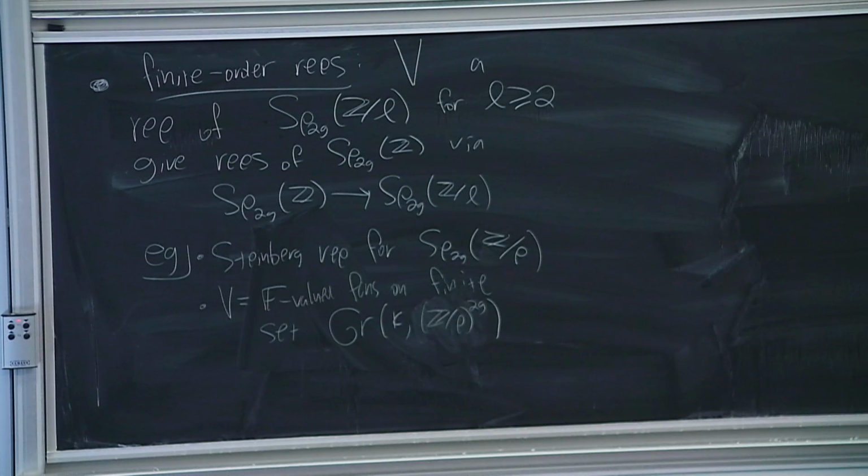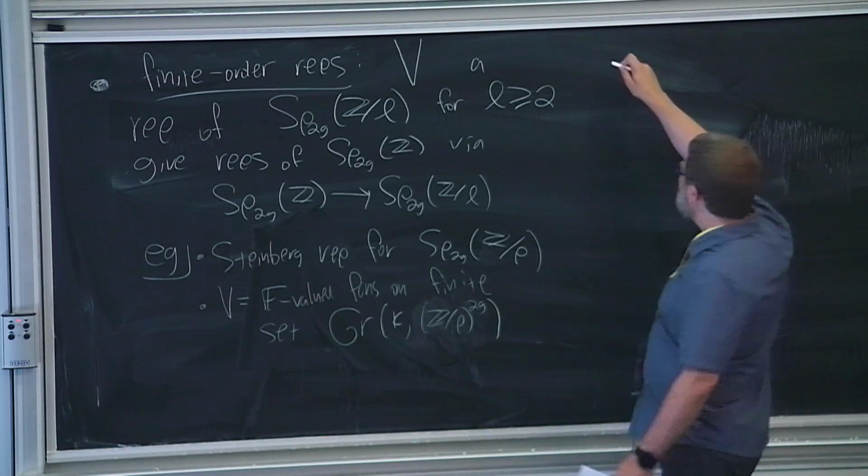That's a thing you could look at. Functions on that are a representation, because you act on the Grassmannian. So even for projective space, that's quite interesting. These are the sorts of things that you have.